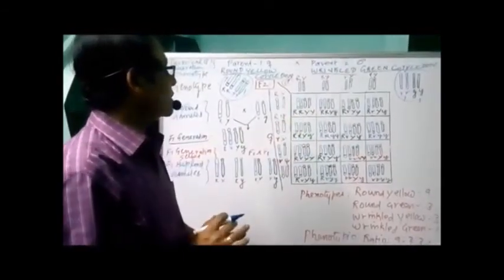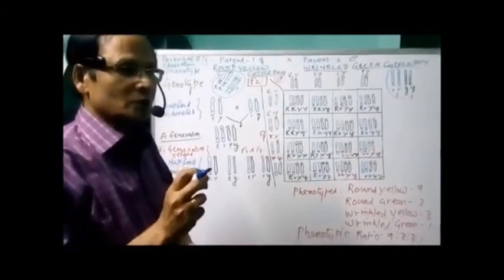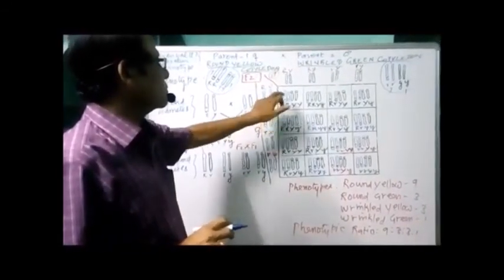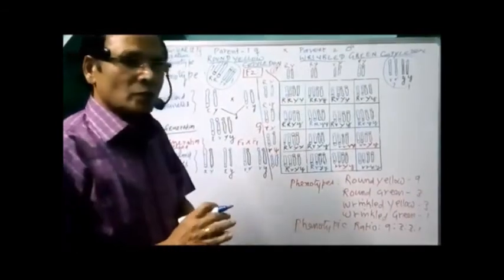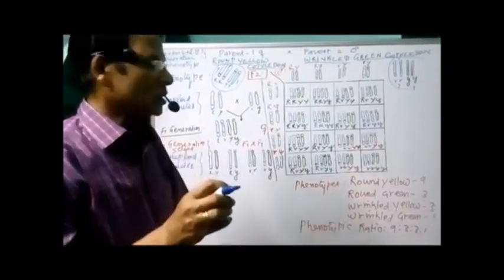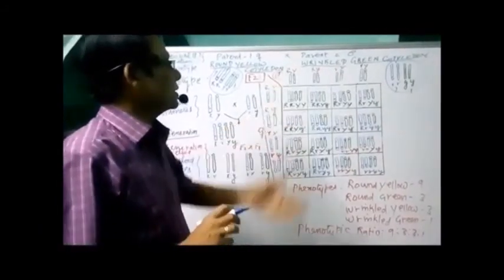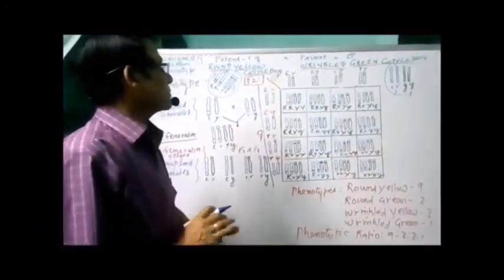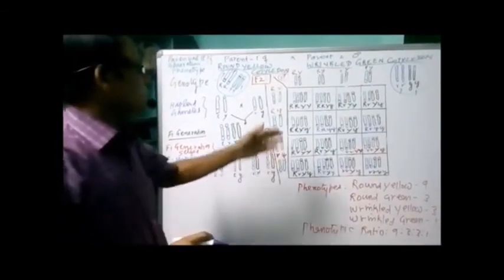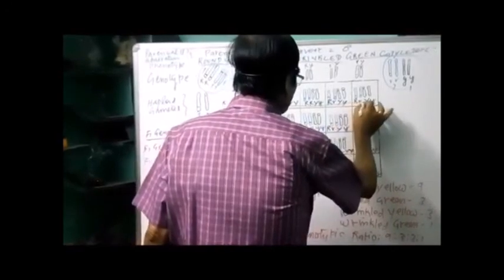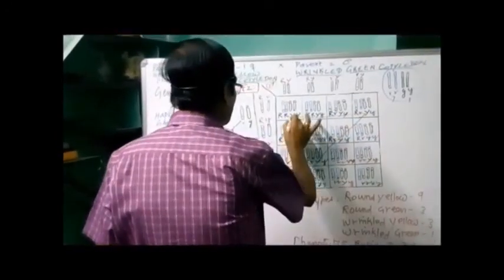In all cases, we have to represent the chromosome containing the gene for the shape of the seed. Here it is represented by blue color, and the other one, where you represent the gene, is the red color one. In the case of Y, that is on the chromosome representing the color of the cotyledon, that is 1. So as a rule, we get 4 types of individuals. Now this is one case, what I mentioned already, 9 round yellow.